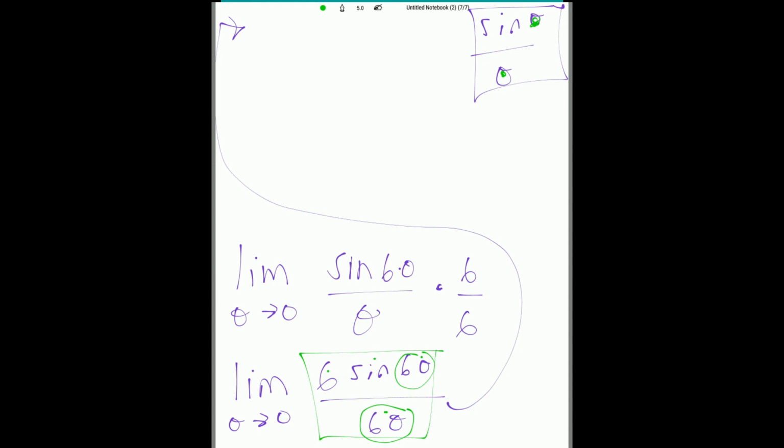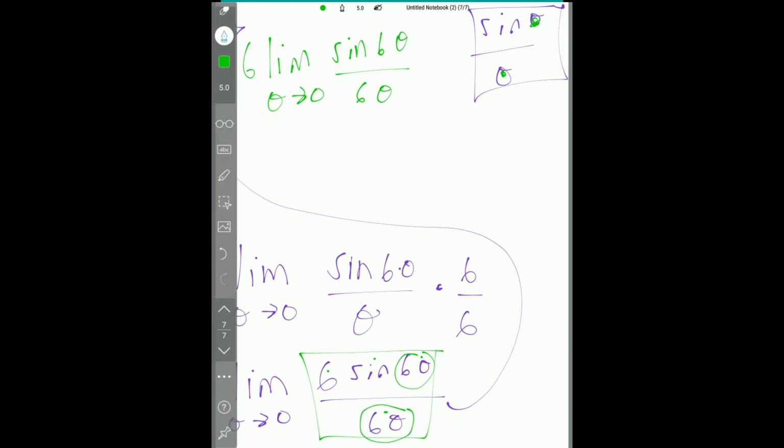So by laws of limits, this would give us 6 times the limit of sine 6 theta over 6 theta as theta approaches 0. And all that we did a while ago was just to get what?